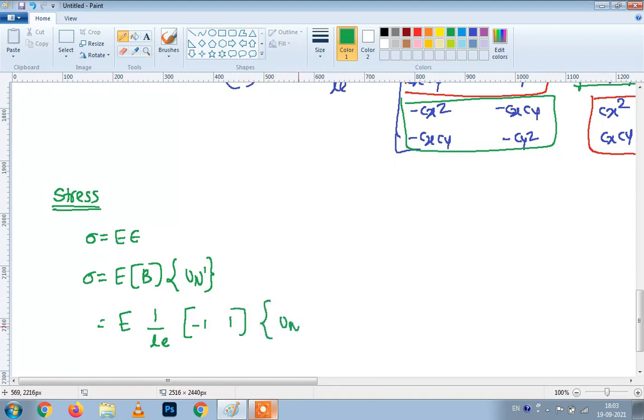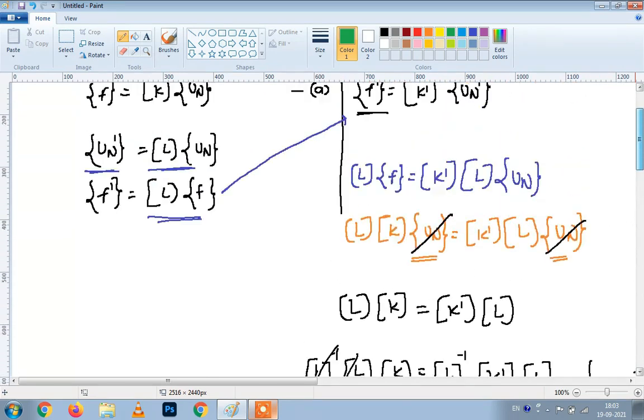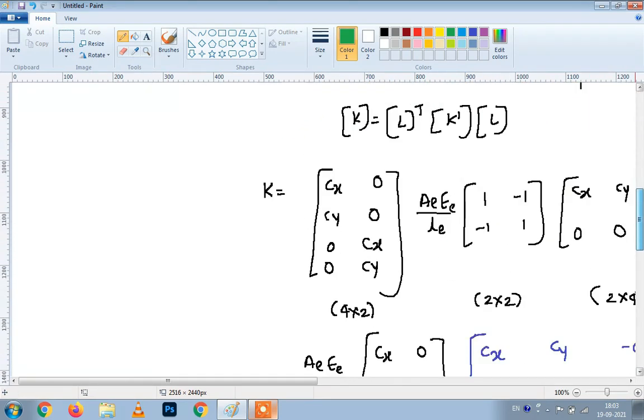Now at the beginning of this particular derivation, we have seen the relationship for un dash. Try to recall that un dash is equal to L into un.